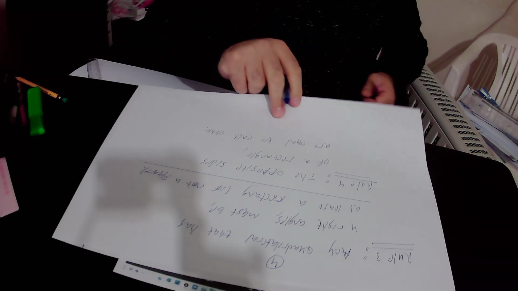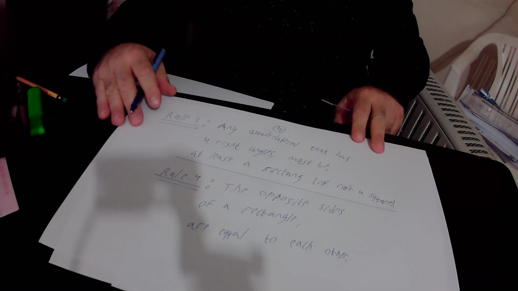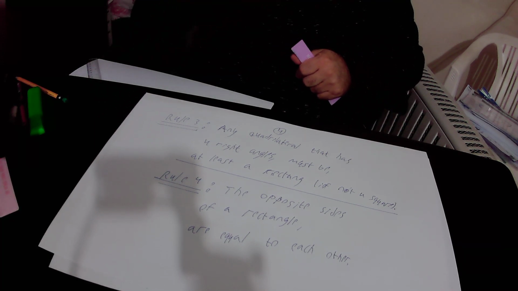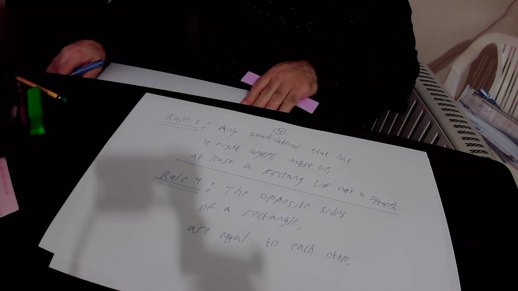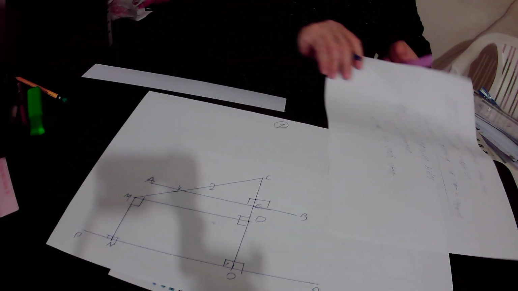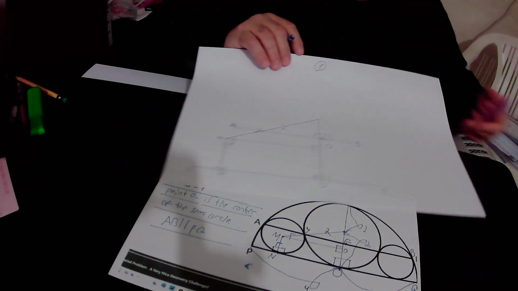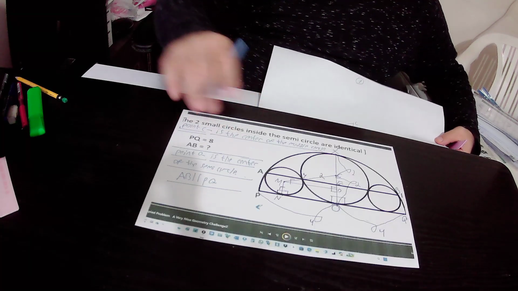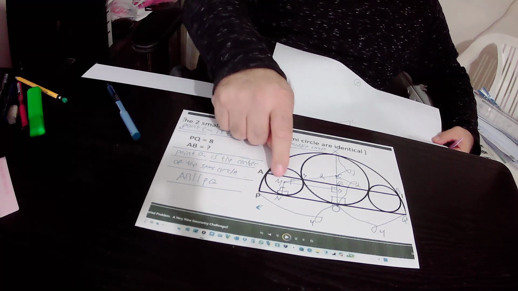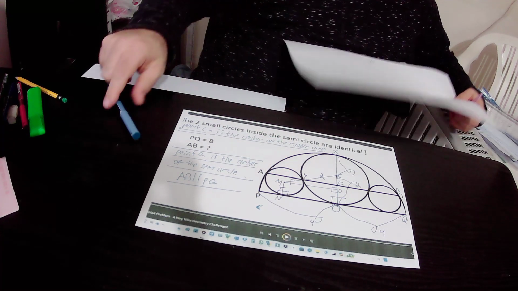So I will read rule number 4 again. According to rule number 4, the opposite sides of a rectangle are equal to each other. And we actually know that Mn equals R. It is the radius of the small circle.